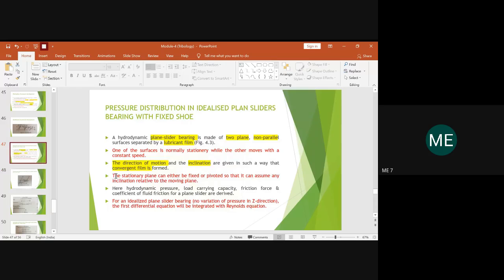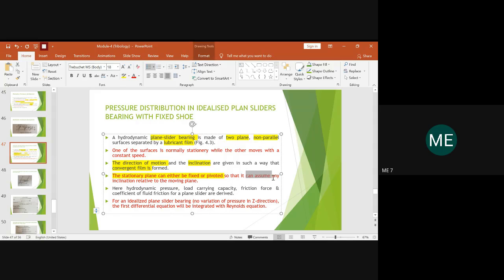Next we are speaking about the stationary plane, how the stationary plane could be. The stationary plane could be either fixed or pivoted. Both things will hold good. Why?